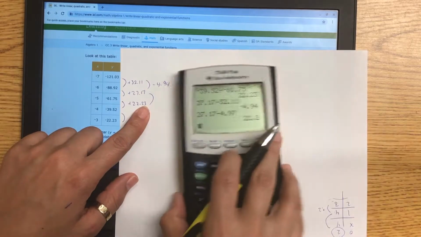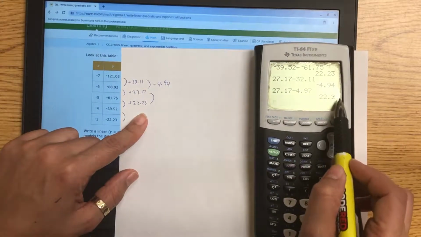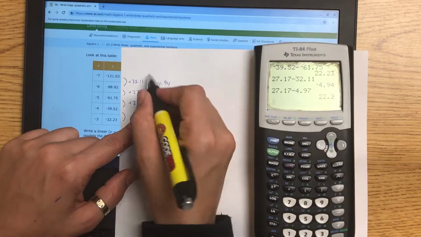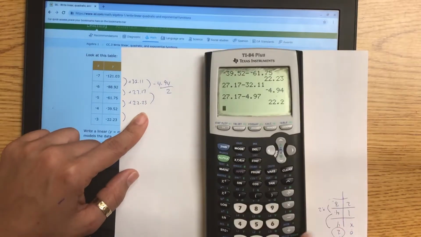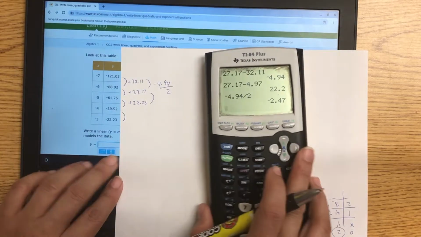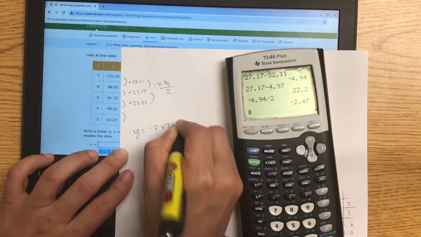Okay, I'm going to put it in as quadratic and then check my y equals, because it's off a number, which means they might have rounded. To find A, you take your second difference divided by 2. So negative 4.94 divided by 2 is that. So it's going to be y equals negative 2.47x squared.